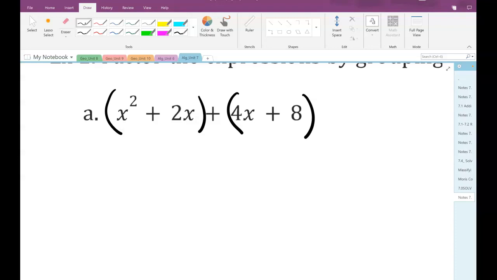And in each one of these parentheses, we're going to find the greatest common factor and divide by that. So the greatest common factor between x squared and 2x is just 1x. So we're dividing each of these by our GCF. The greatest common factor between 4x and 8 is 4. So we're dividing each by 4.